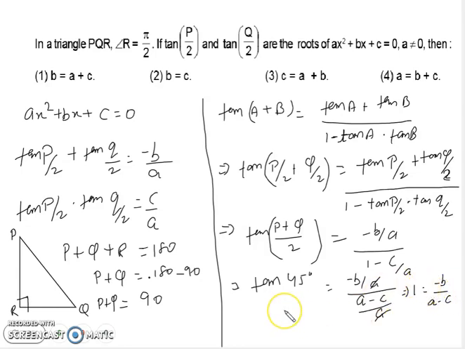So you can simply write a minus c is equal to minus b. So when we send this b to the other side, we will get that option C is correct, c is equal to a plus b, right? Are you getting my points, guys?